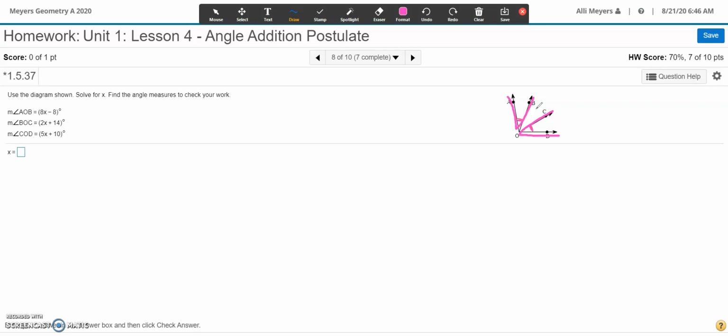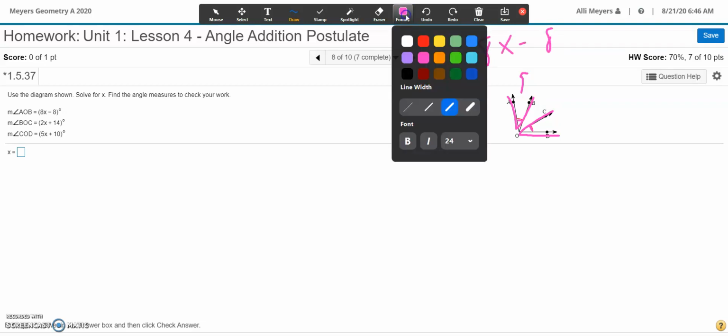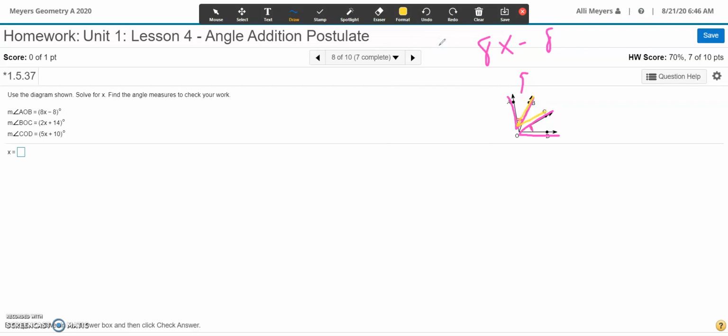So AOB is 8x minus 8. BOC, the middle one, is 2x plus 14. And COD, this last little piece, is 5x plus 10. I need to figure out the x value.